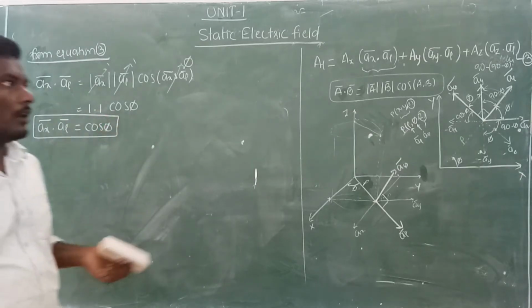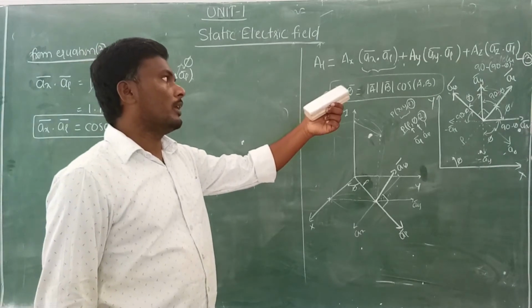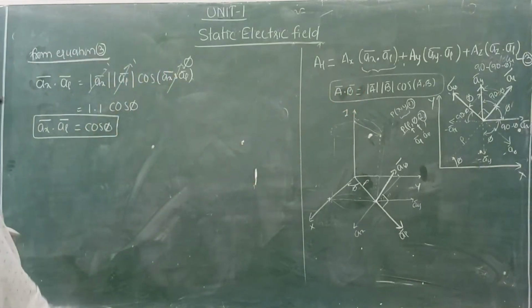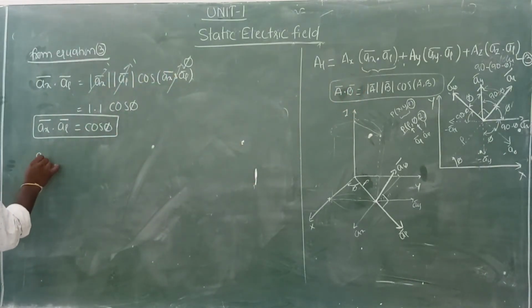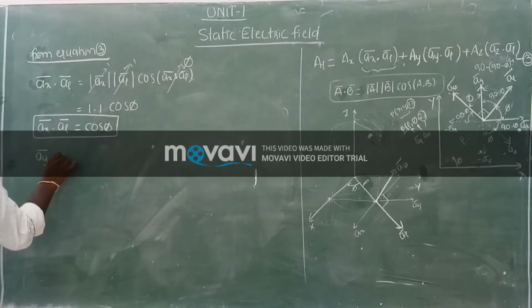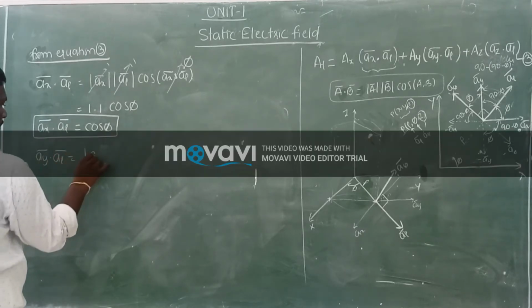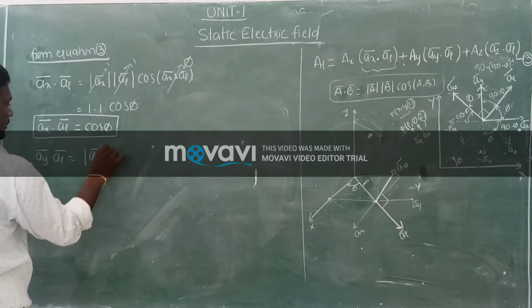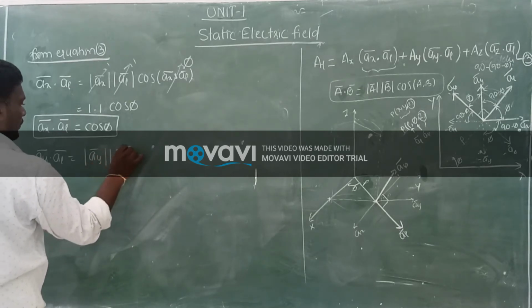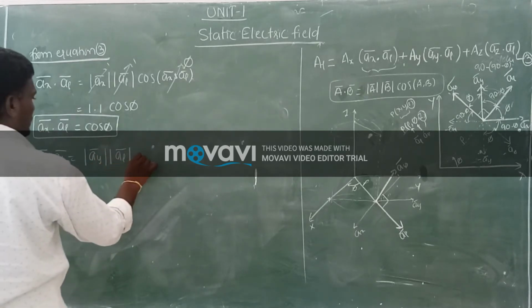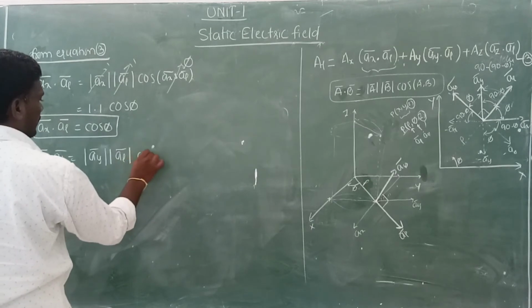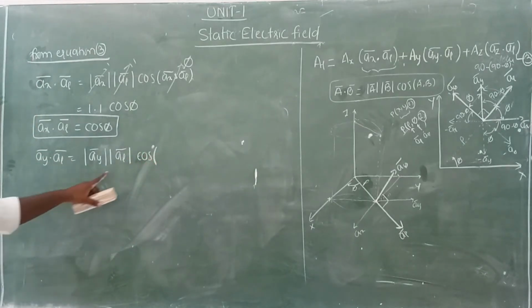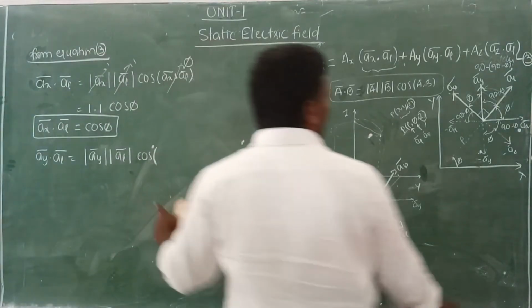Similarly, calculate a_y bar and a_rho bar, and a_z bar and a_rho bar. What is the dot product between a_y bar and a_rho bar? It is also the magnitude of a_y bar, magnitude of a_rho bar, and cos of the angle between a_y and a_rho. Where is a_y?